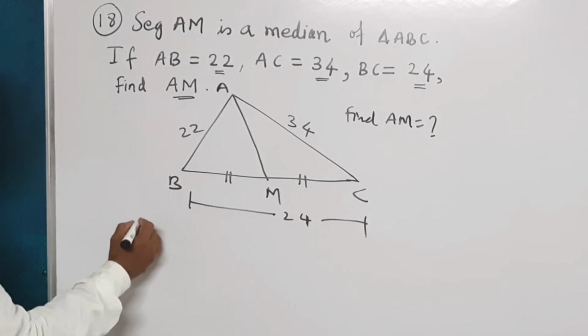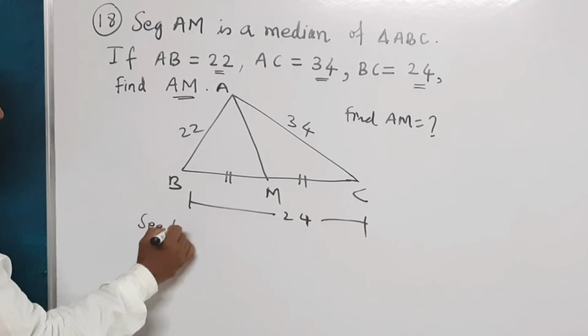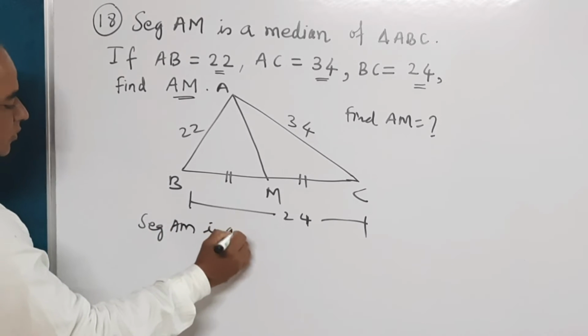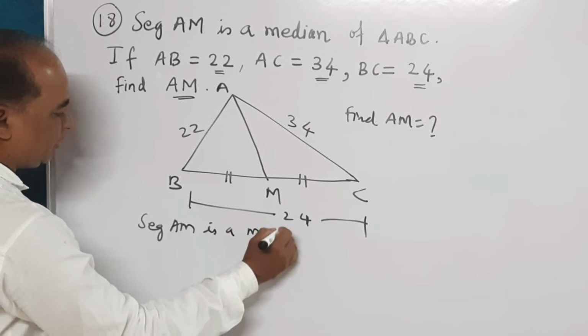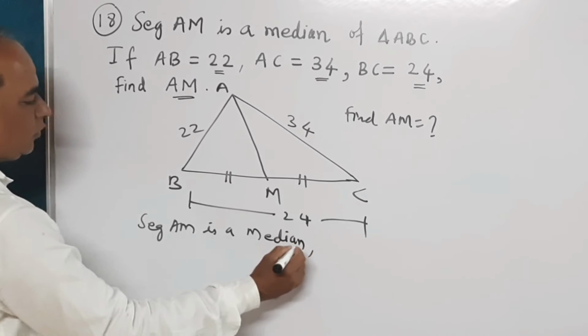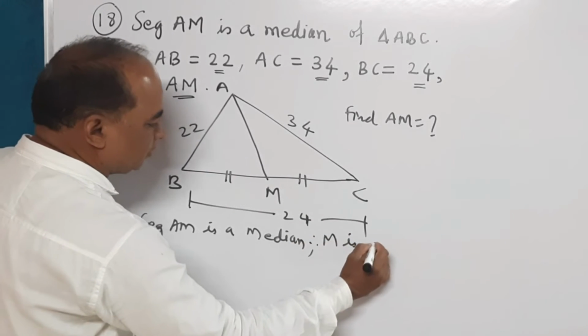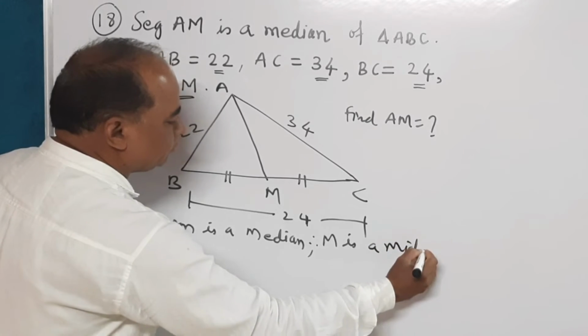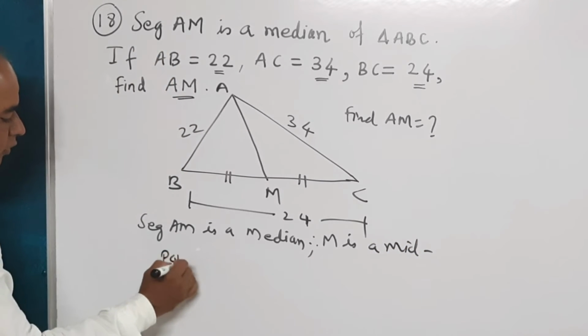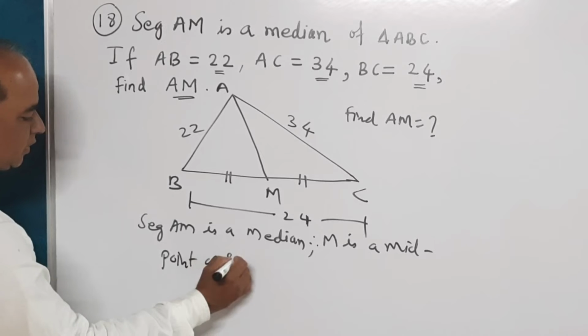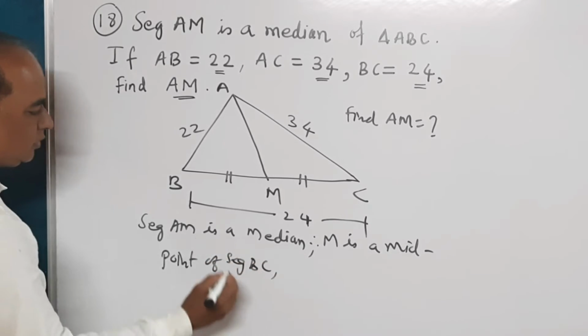So what is given? Segment AM is a median. Therefore, M is the midpoint of segment BC.